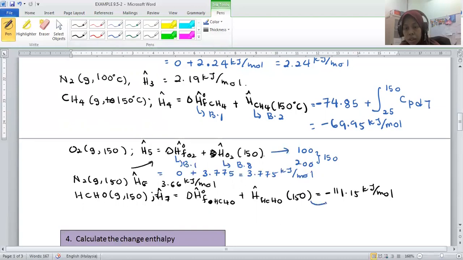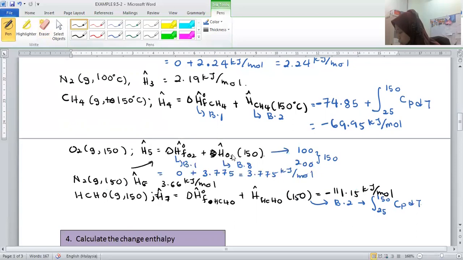Formaldehyde is not in table B8 as a substance, so you need to find the data in table B2 and do the integration from 25 to 150 of Cp dt.